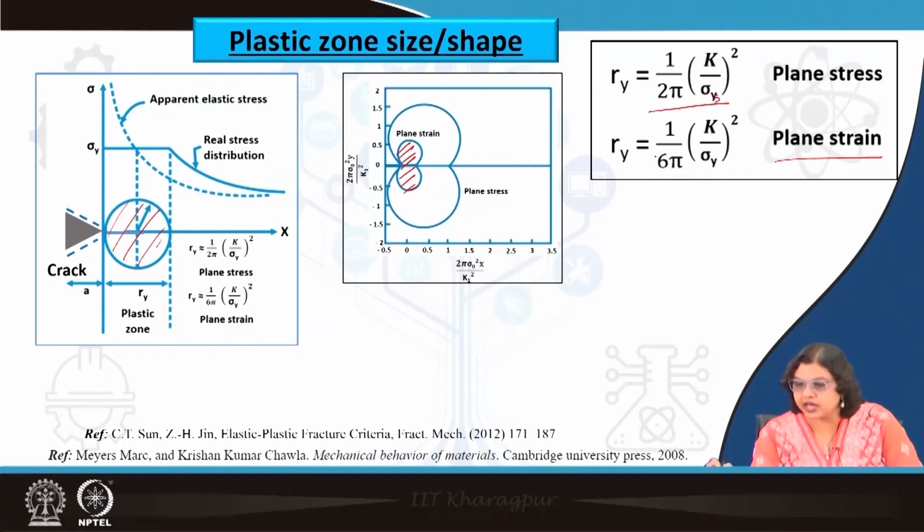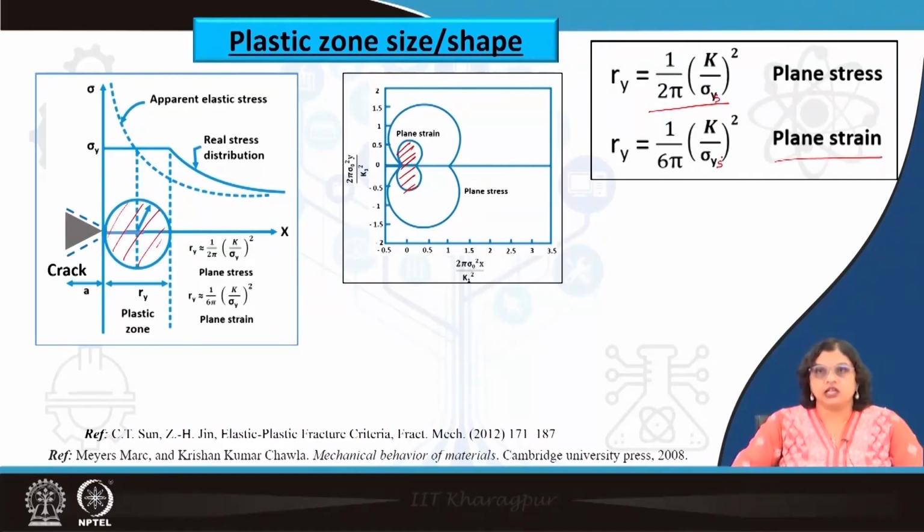So, in this case we have Ry equals 1 by 6 pi, K by sigma yield strength, squared. Okay. So, that is how we can figure out the plastic zone size, and based on this size we can use the kind of relations that will be valid to get the fracture toughness or the fracture behavior of the material, and this has a very prominent role on the fracture behavior of the material.